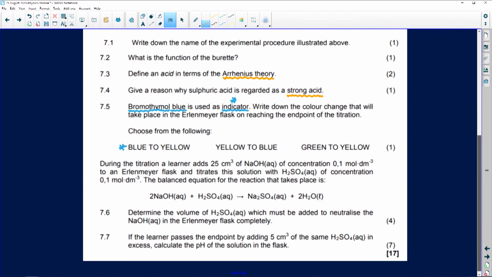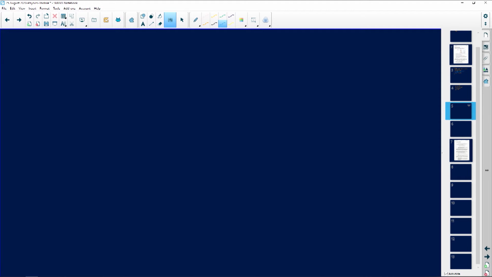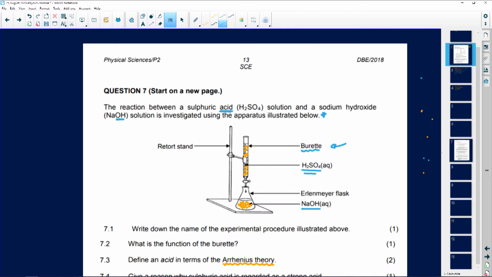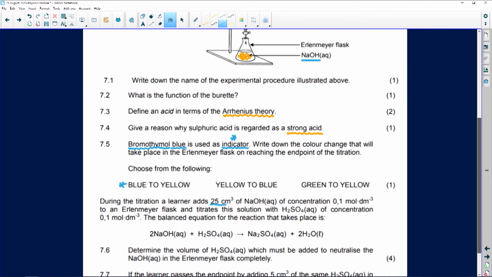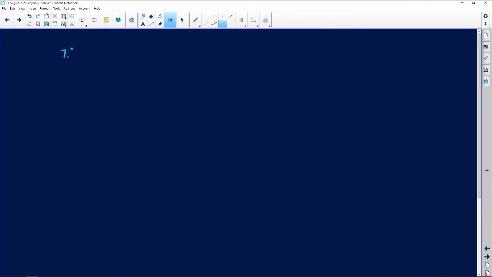So now we're going to have to start doing some calculations. The question tells us that during titration, a learner adds 25 cubic centimeters of NaOH of a given concentration to an Erlenmeyer flask. Like I like saying, I'm going to draw myself a picture. We're at number 7.6.